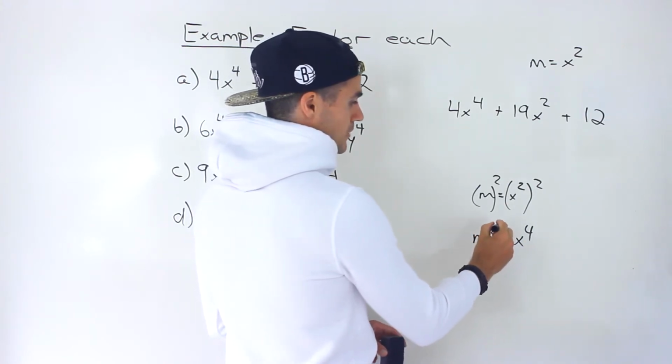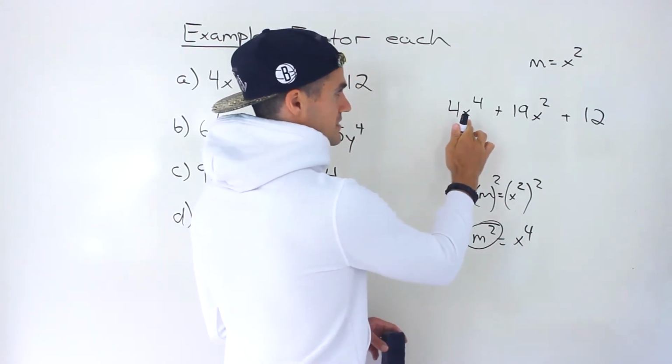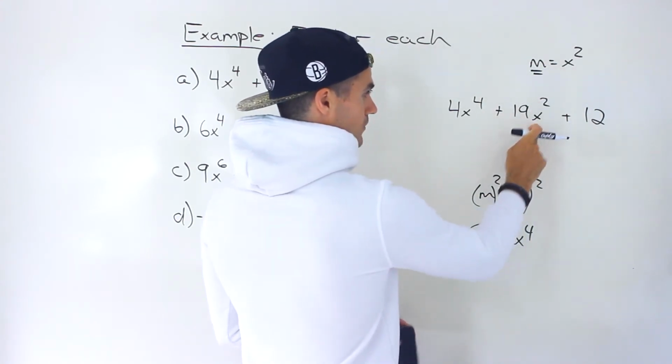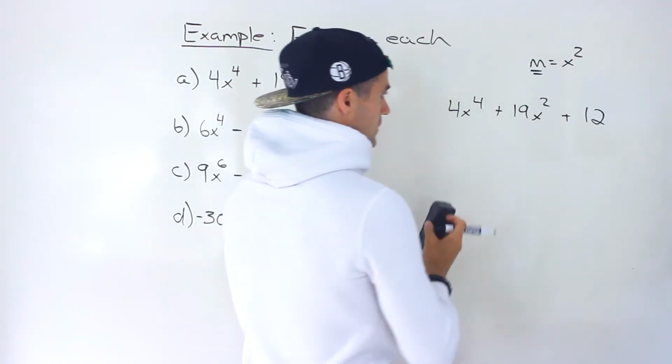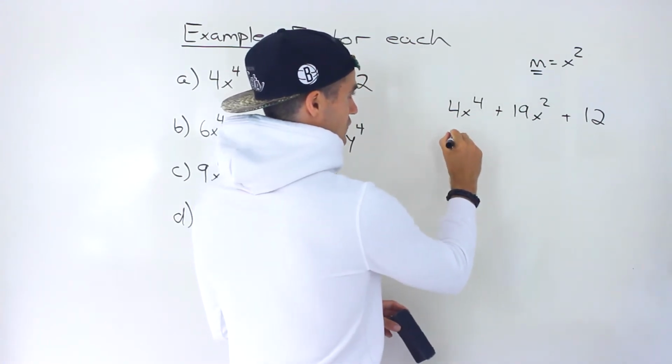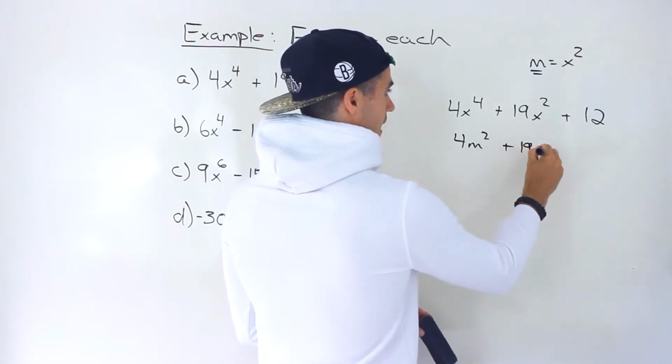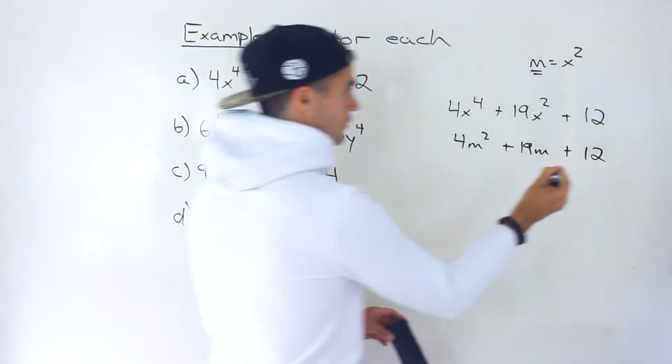And so we could plug in m squared for this x to the 4, and then plug in m for this x squared over here. So we could rewrite this expression as 4m squared plus 19m plus 12.